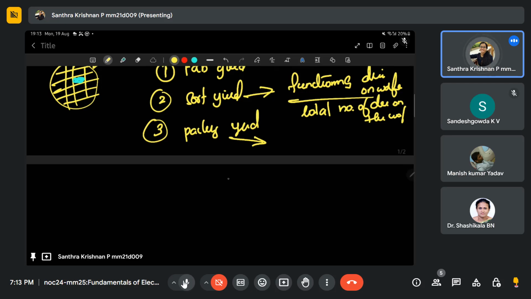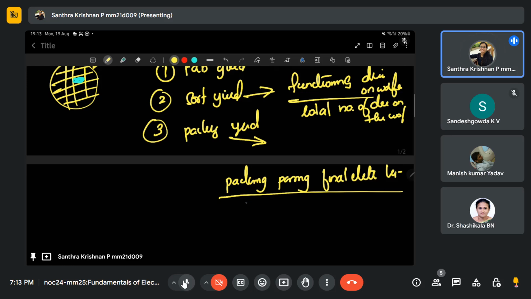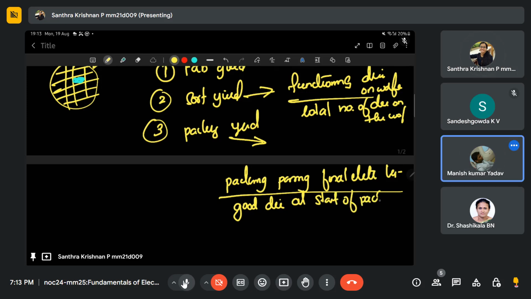So basically, packaging dies passing final electrical testing divided by good dies at the start of packaging. Using the name itself, you can remember that packaging yield defines the start and end of the packaging process. Say n good dies were sent in for packaging, but after electrical testing only X dies came out. So that is the packaging yield.